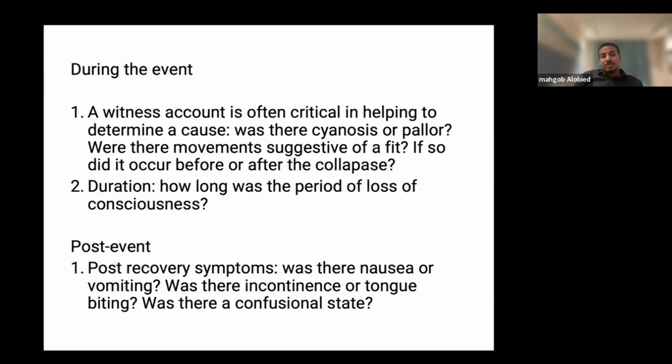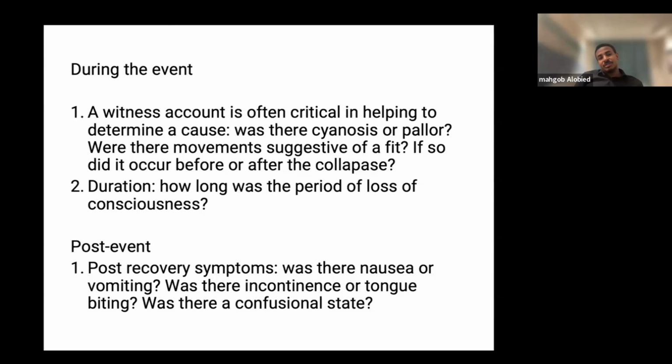So this during-the-event part will most likely differentiate between seizure or convulsion episodes and syncope. And the other part is the post-event, or the recovery phase.